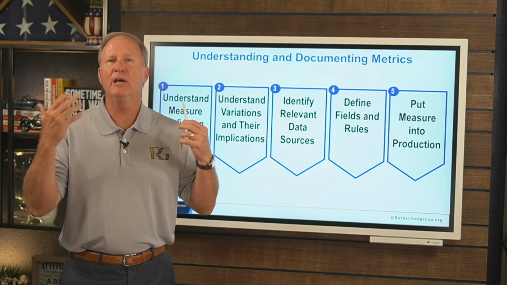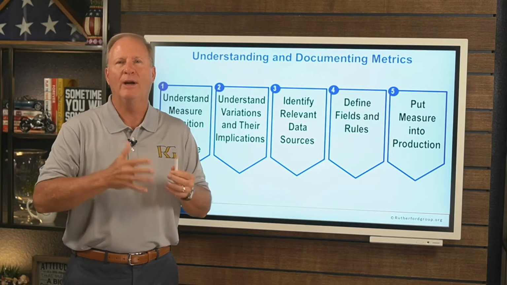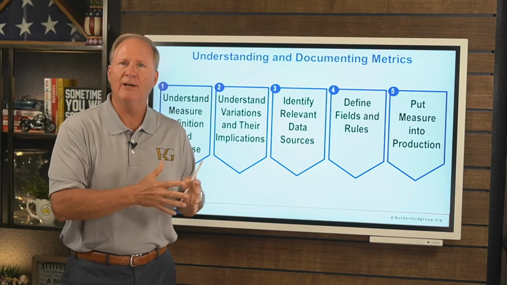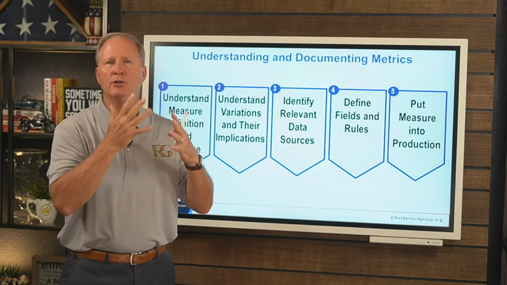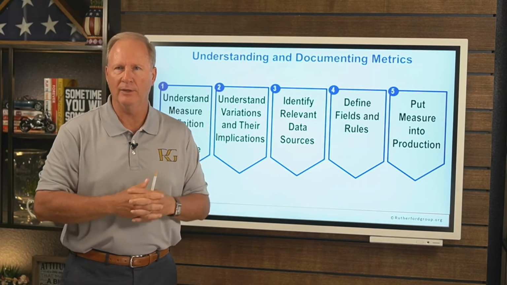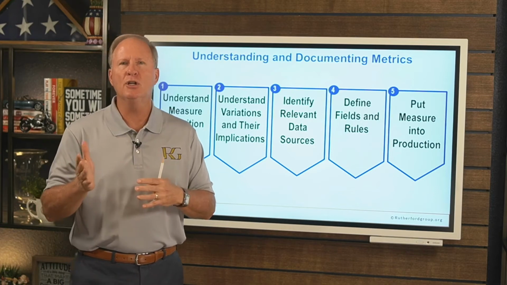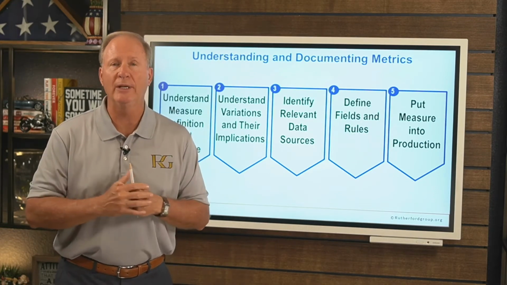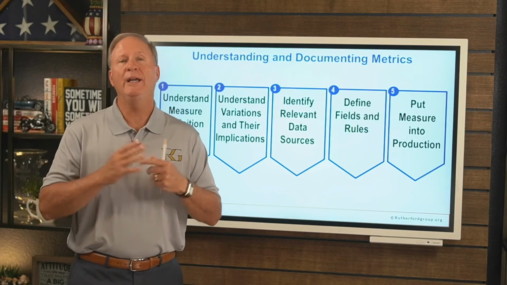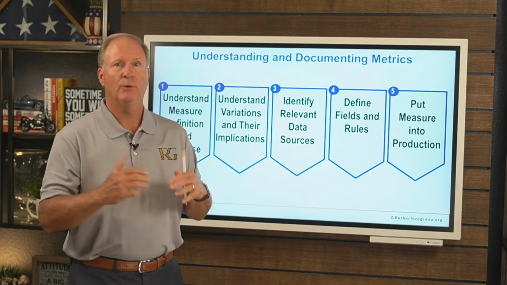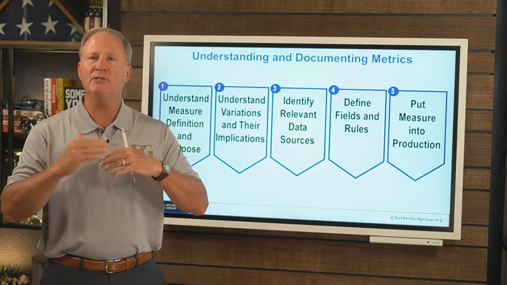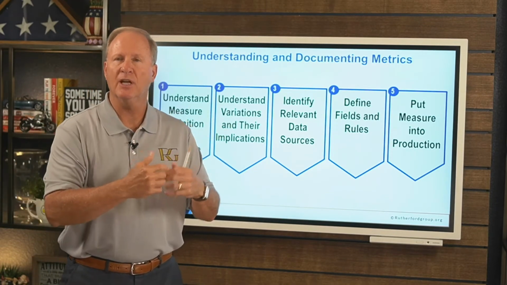You may be unfamiliar with the word variation, but a quick example would be this: a standard metric might be training hours per FTE, or full-time equivalent. A variation of that metric could be something like training hours per employee, or training hours per FTE related to management skills, or training hours per FTE for high potentials, and so on.